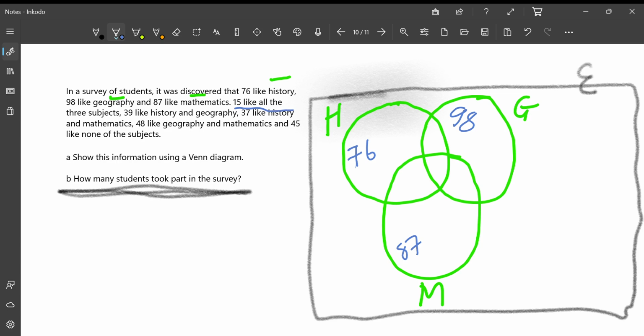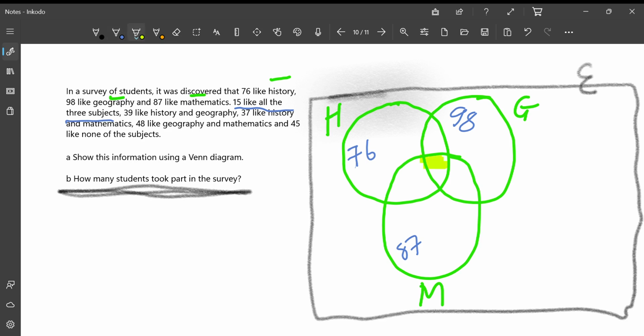Now, pay attention. 15 like all the three subjects. All the three subjects. So I'm going to look for what part of my set is where you see the three circles overlap. If you look at this very area, I will shade it first.